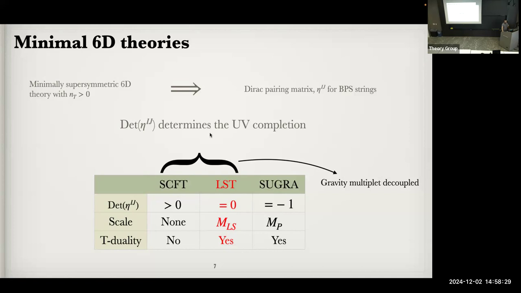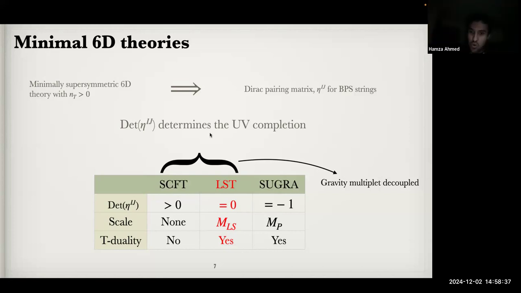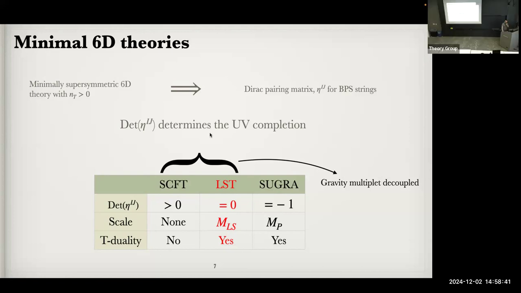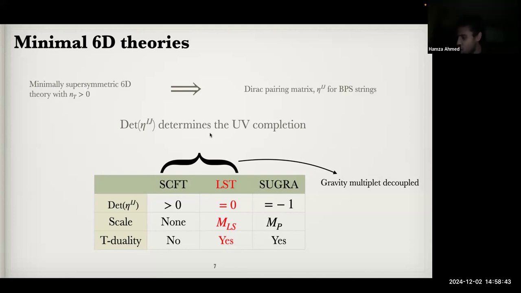And I'm wondering, do you have explicit cases with determinant -1 that one can play with? Oh, yeah. We have the geometries. We always decouple, so the way we start is from a compact geometry. We have the supergravity theory, and then we decouple it.